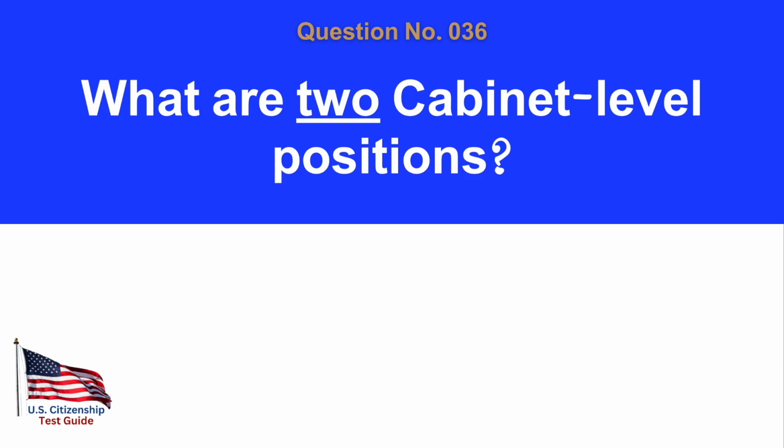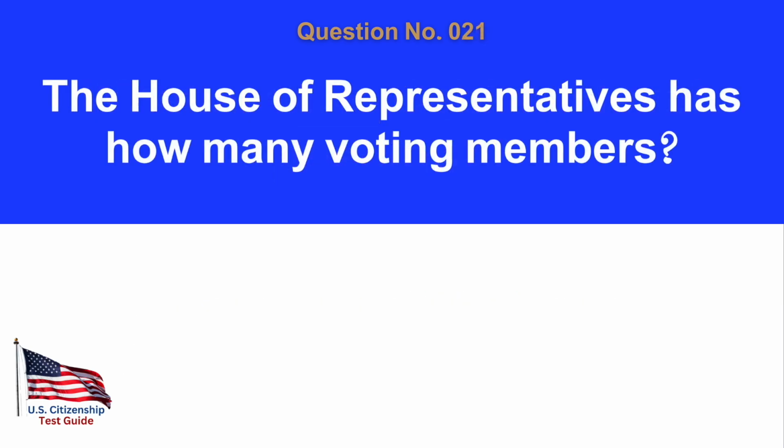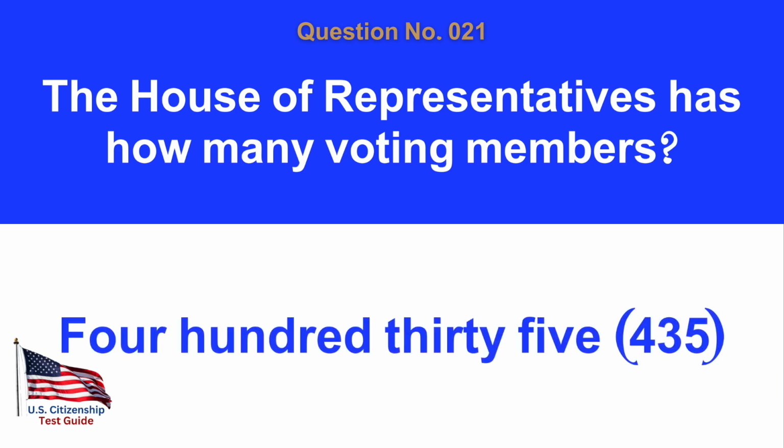What are two cabinet-level positions? Secretary of Defense. Secretary of Education. The House of Representatives has how many voting members? 435.